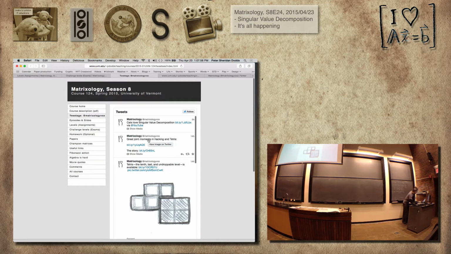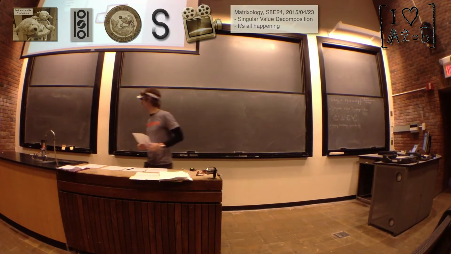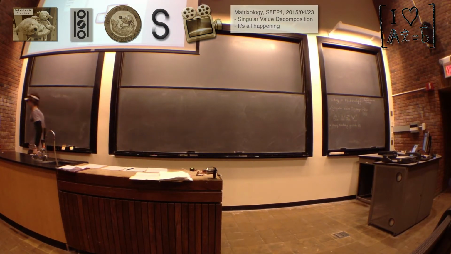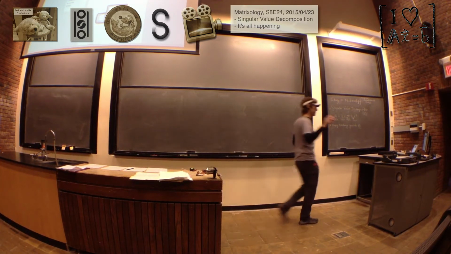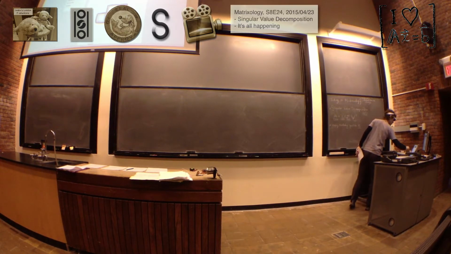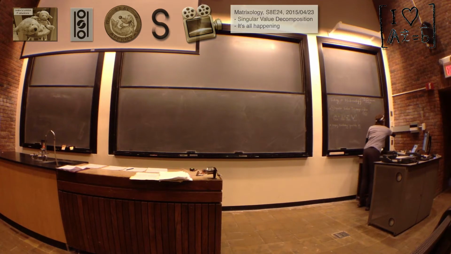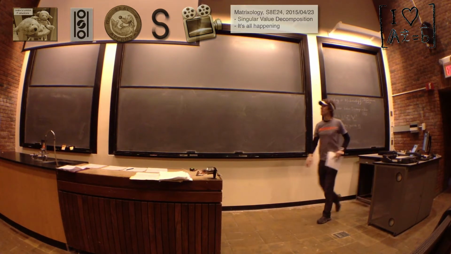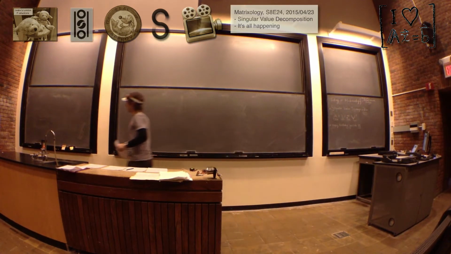Okay, let's do this SVD thing. So we're set up for this. This is pretty great. This is going to work for any matrix. Big deal. All right, team, the exciting denouement to the course.